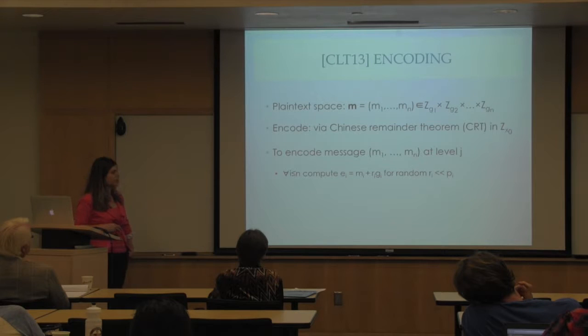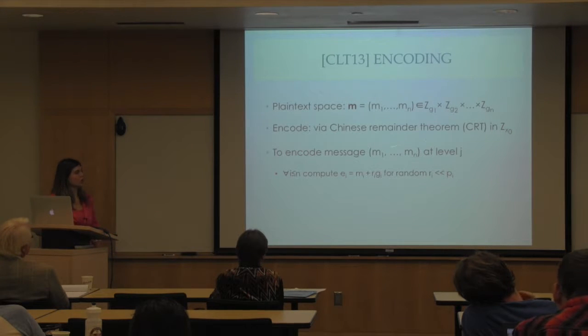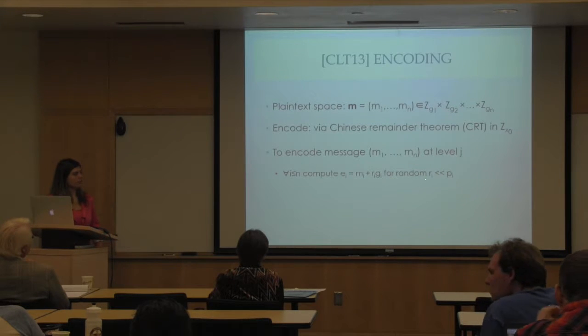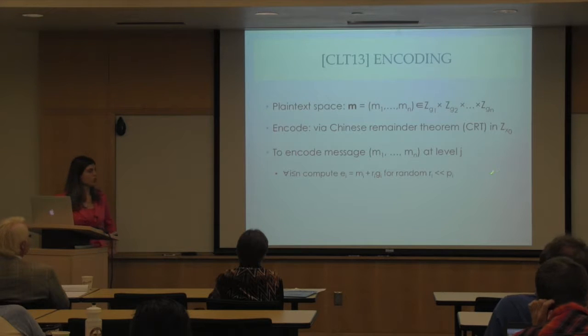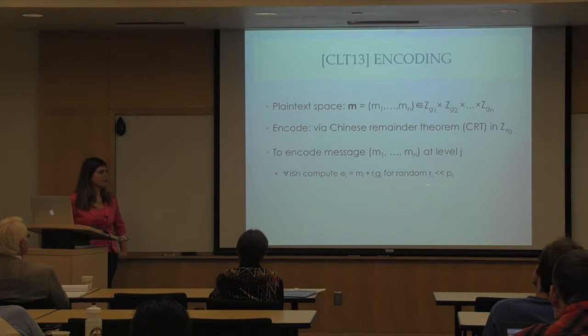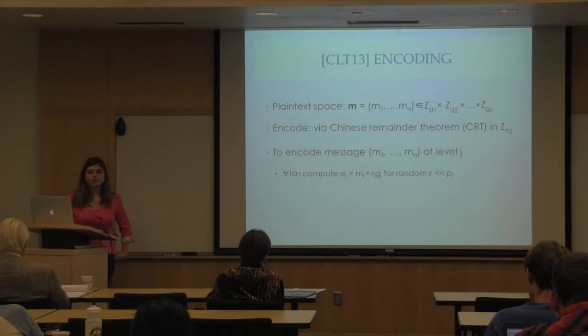More specifically, if we want to encode a message m1 to mn at level j, the first step will be to sample random values r sub i, which are much smaller than the primes p sub i. Once we have these small r sub i's, we compute the values c sub i, which are the message coordinate m sub i plus r sub i multiple of the primes g sub i.